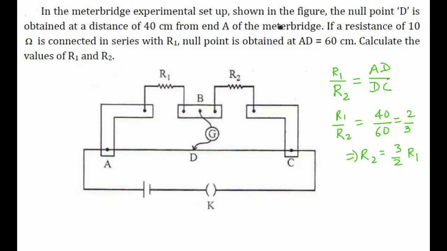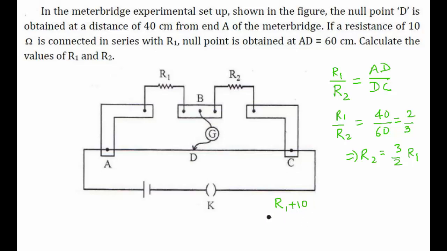Alright. Now let's read the next line. If a resistance of 10 ohm is connected in series with R1, null point is obtained at AD equal to 60. That means the second case says that the resistance R1 is now changed to R1 plus 10, since 10 ohm is connected in series.